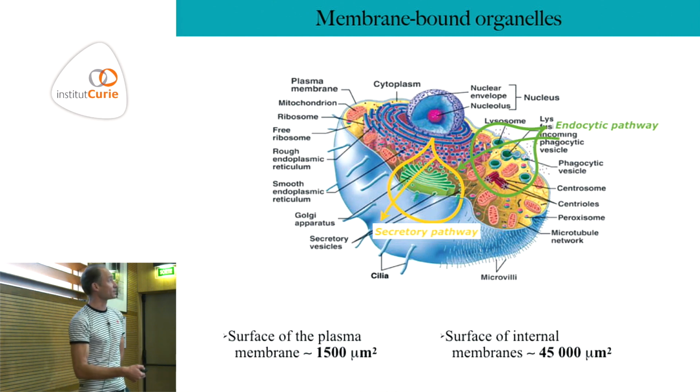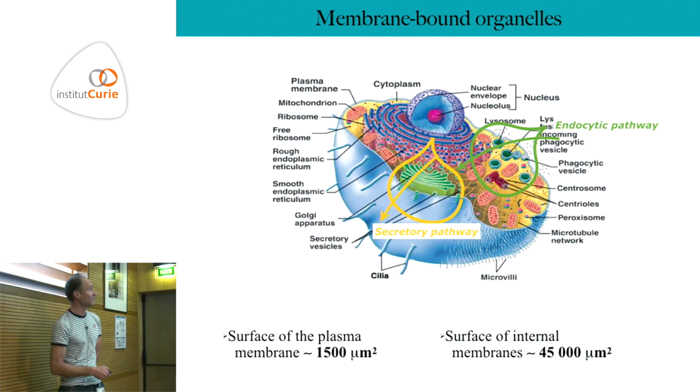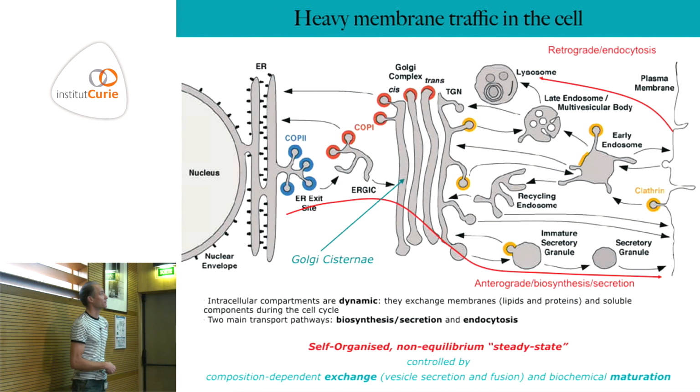And so everything is very dynamical. If you were to mark one lipid molecule that is part of one of these membranes, this lipid molecule would basically go away within a few minutes and would be replaced by other ones. And so this sketch here, which seems really static, should be understood as everything basically interacting with everything. And this is what is shown in this other sketch, which is a little more detailed.